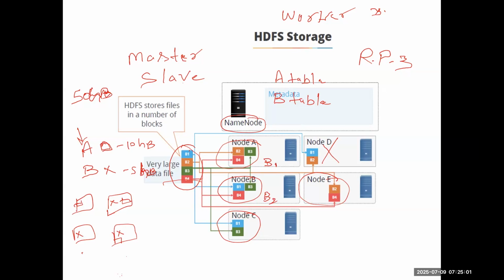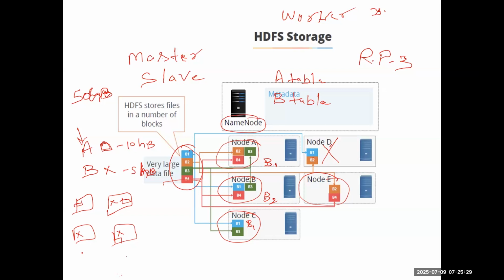If your question is why not just keep B1 here only: if you keep B1 here only, what benefit are you getting? If node C goes down, you will lose 2 copies of B1, right? What I'm telling you is that as soon as this node goes down, I stored B1 here. Your question is why not here?